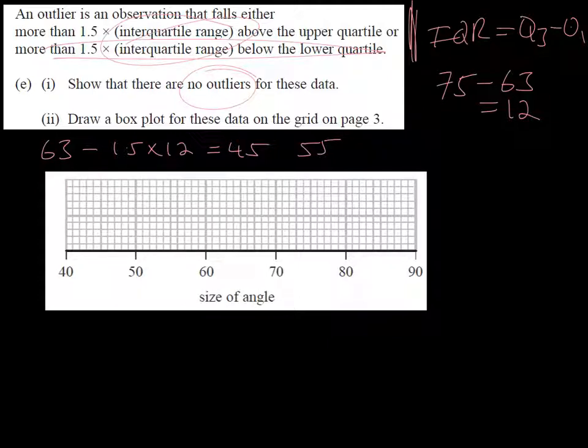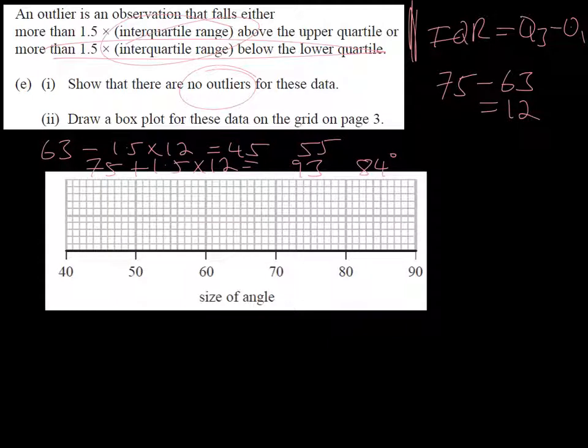Similarly, we need to do the same thing and look at the upper boundary. So we're going to have 75, which is the upper quartile, plus 1.5 times 12. And if we do that, we get an answer of 93. And similarly here, the highest value that we have is 84 degrees. So we don't exceed that. So there are no outliers.